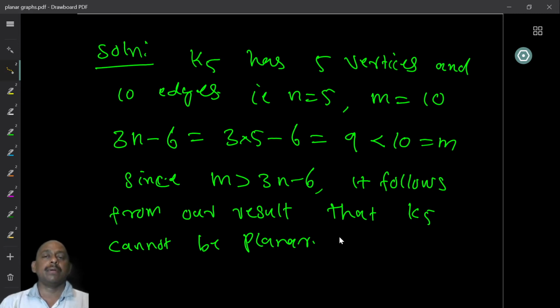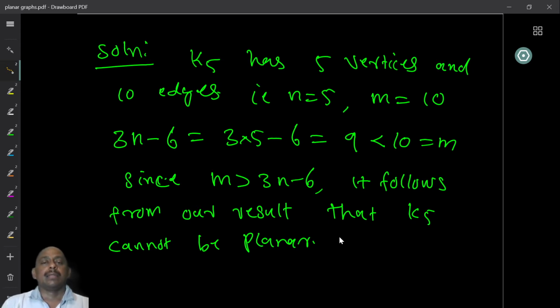So the K5 case is very easy. K5 has 5 vertices and 10 edges, right? So in our Euler identity form, n is equal to 5, m is equal to 10. And now 3n minus 6 is 3 times 5, 15 minus 6, which is 9, which is less than 10, which is the number of edges in the graph.